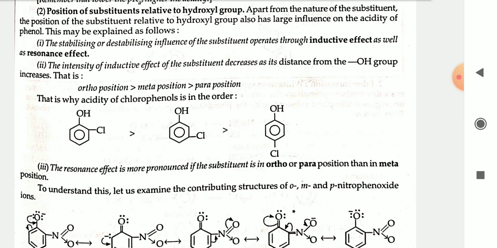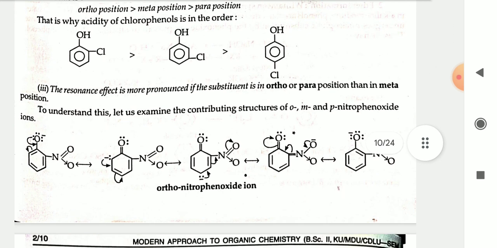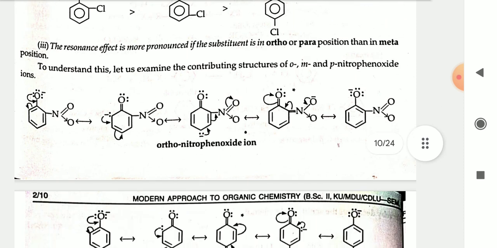Second, the intensity of the inductive effect of the substituent decreases as its distance from the OH group increases, that is, ortho position greater than meta position greater than para position. Third, the resonance effect is more pronounced if the substituent is in the ortho or para position than in the meta. To understand this, let us examine the contributing structures of ortho, meta, and para nitrophenoxide ions.